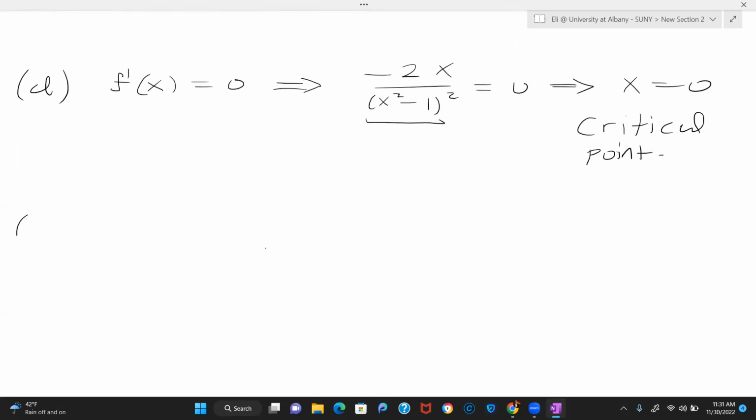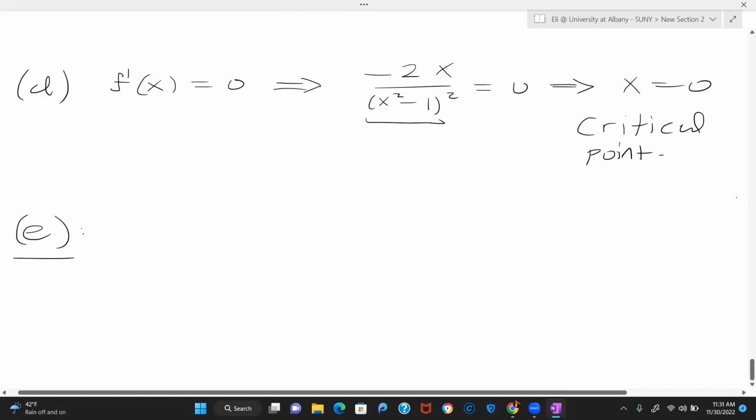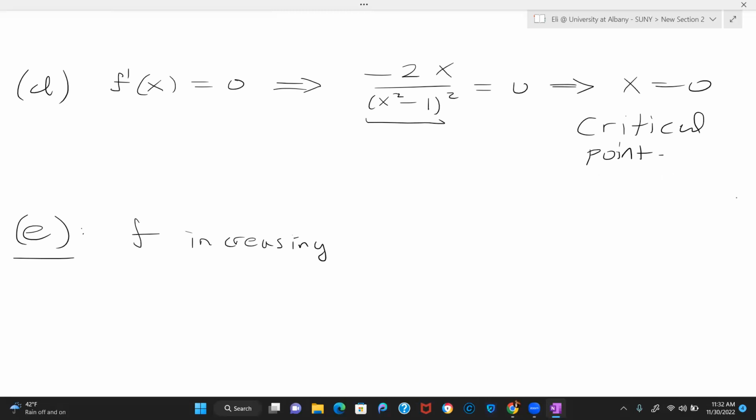All right, so now part E. For part E, we want to know when f is increasing or decreasing, and then we want to determine whether this critical point is a minimum or maximum or possibly neither. So f is increasing if and only if the first derivative is positive.